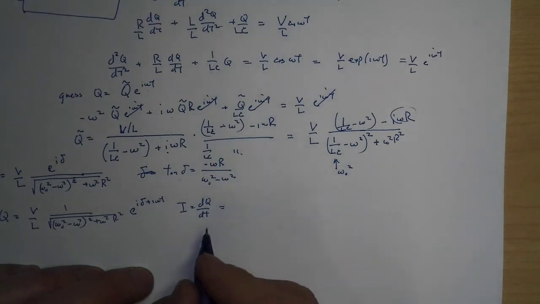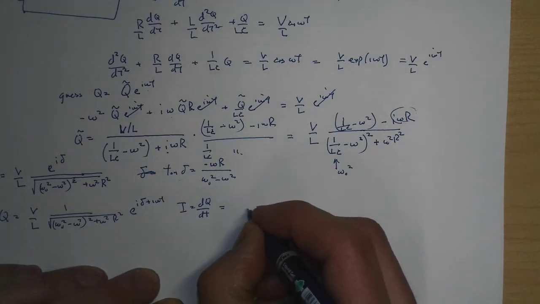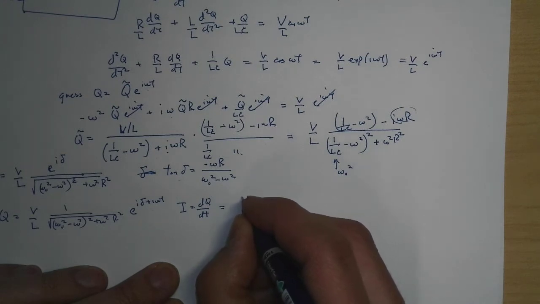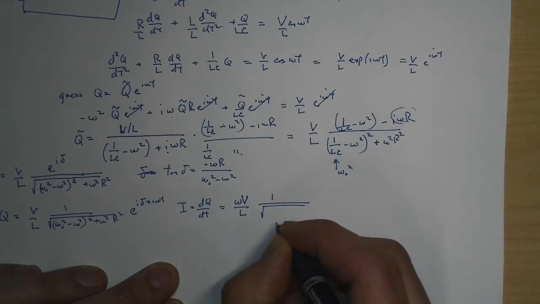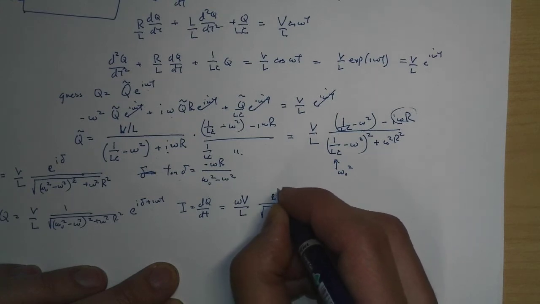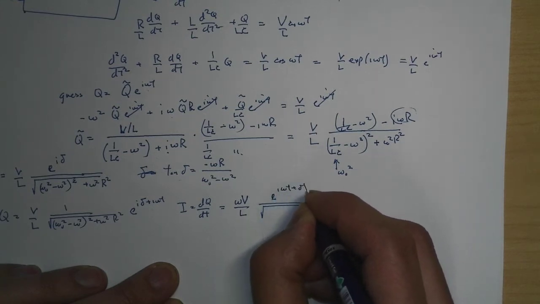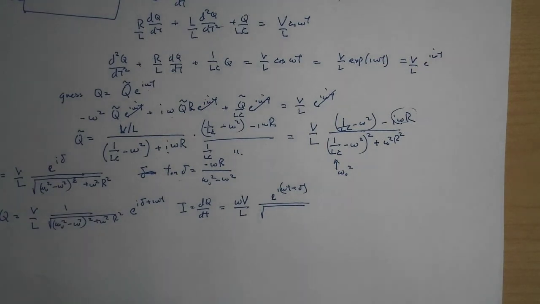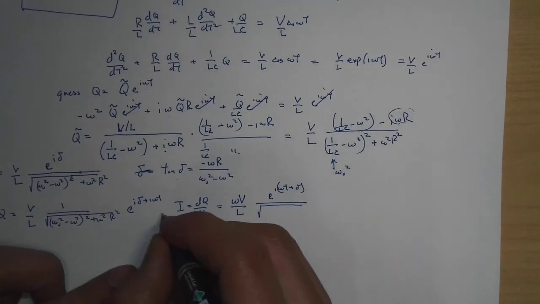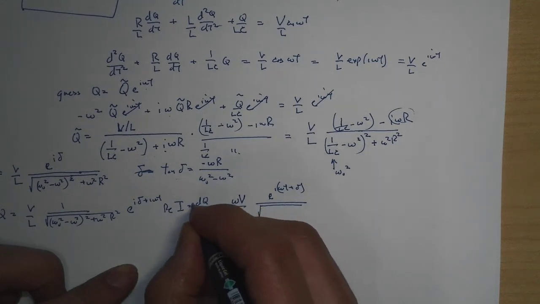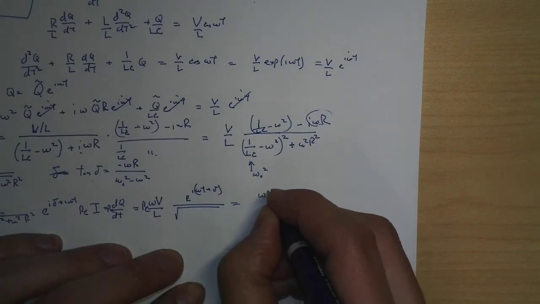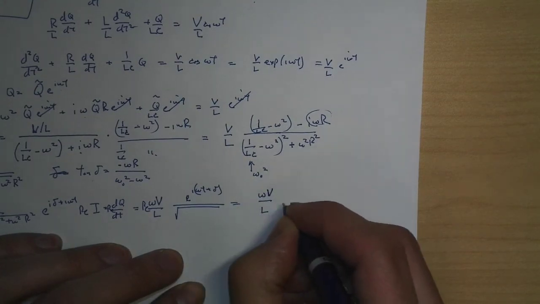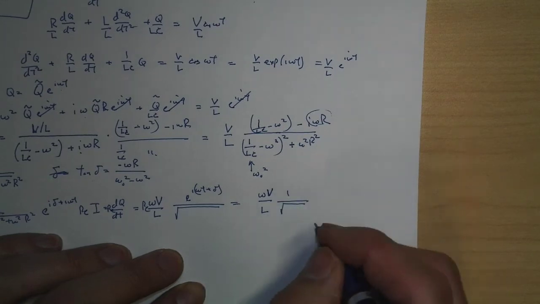Well, d by dt just brings out omega from this entire expression. So what you end up getting is V omega over L, 1 over this entire square root, e to the i omega t plus delta. Alright? Okay, so we're going to take the real part of this. So you end up getting omega V over L, 1 over that square root thing.